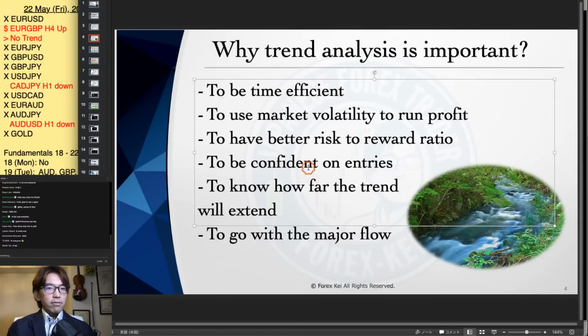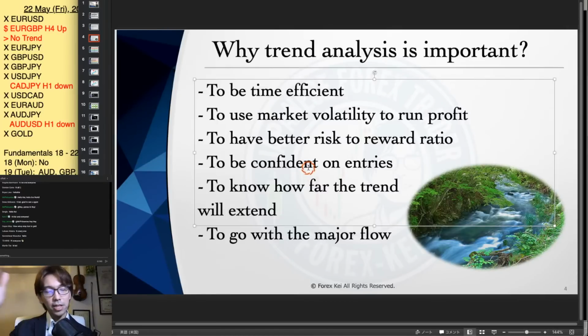But I wasn't really confident at that time, because what I was looking for was only the buy chance or sell chance. Where to buy, where to sell was my question when I was a newbie. In that way, you cannot be confident in trading, because you are playing a win or lose game. If you keep playing the win or lose game, you cannot be confident, because the chance will be basically 50-50.